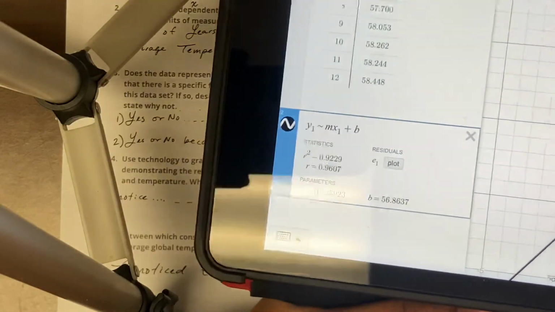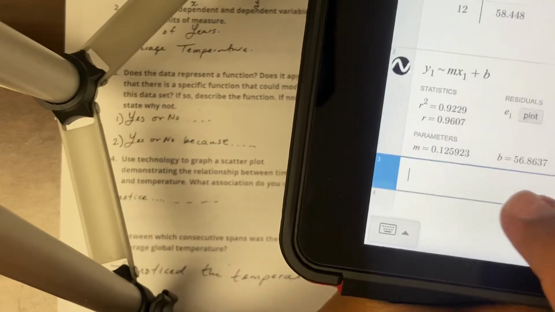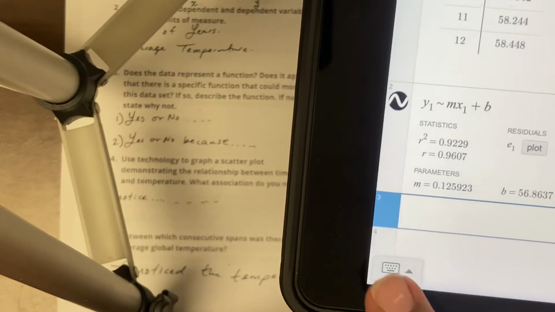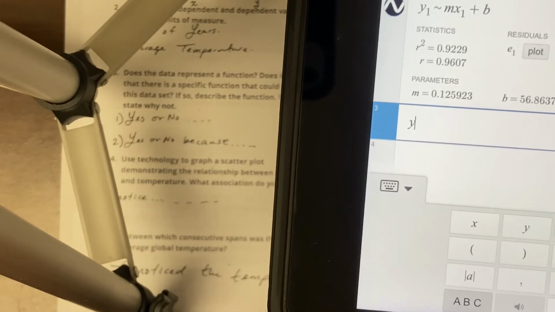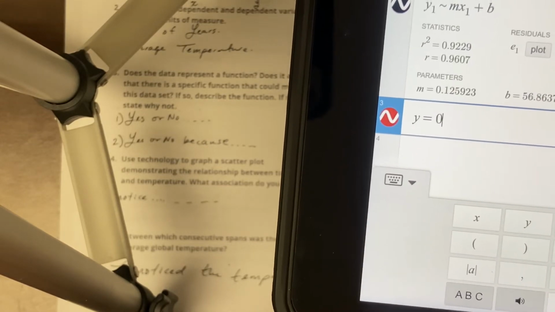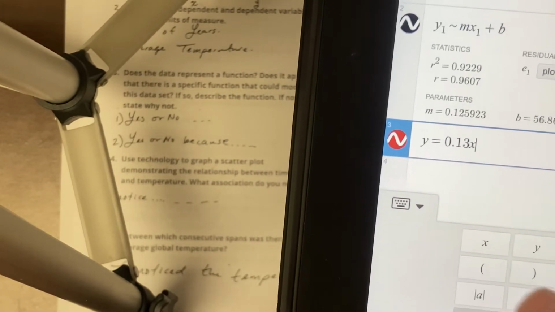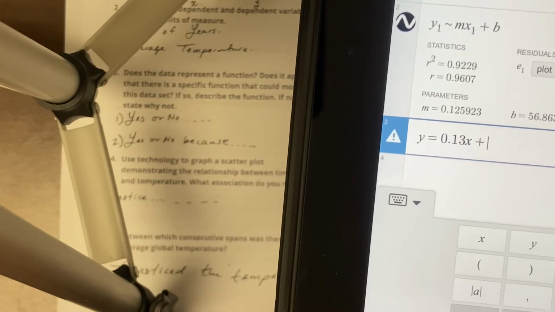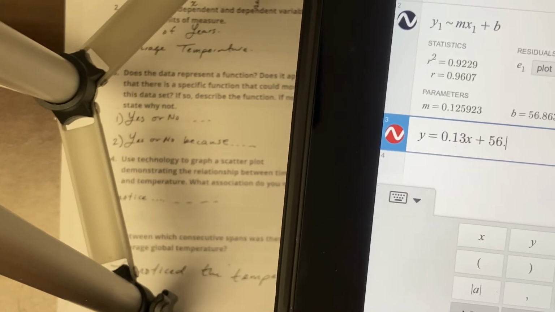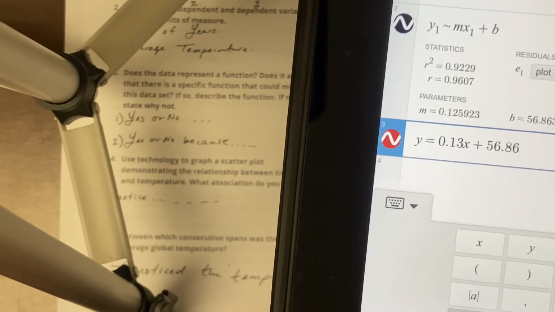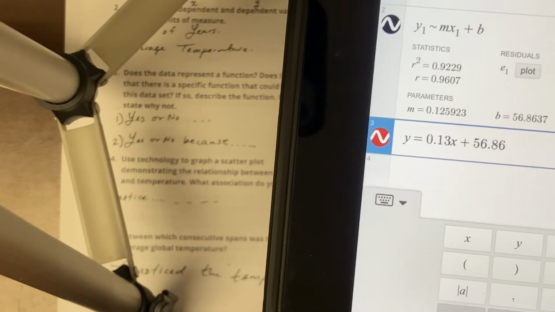Okay, coming back to Desmos, let's type in our equation. We already rounded it. Let's just type it out. y equals 0.13x plus 56.86. Okay.